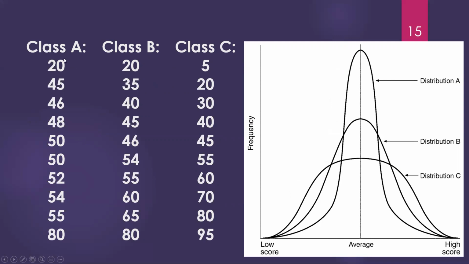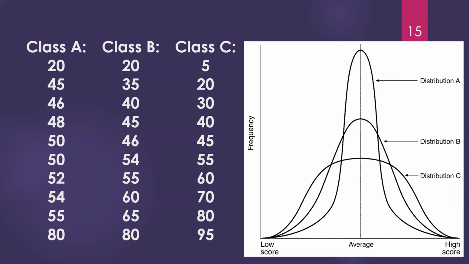Looking at class A, sure, there's one person that has a 20 as a low score, and one person that has a higher score of 80, but most people are really smushed in here close to 50, close to the mean. Compared to class B, that's a little more spread out, right? People are farther away from the mean. And class C is really spread out, right? There's greater variability, people are more spread out from the average.